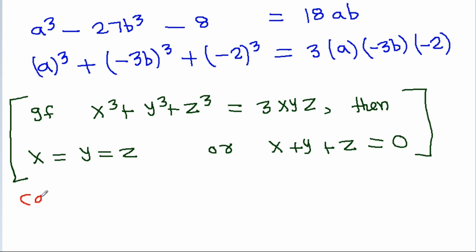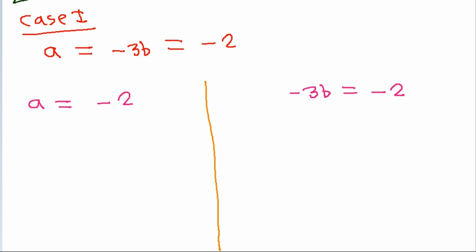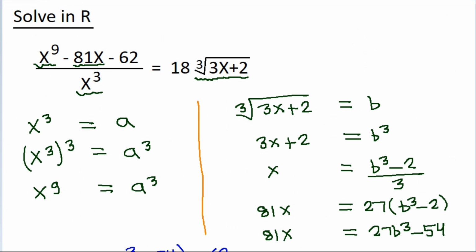So case 1 is x is equal to y is equal to z, where x is a, y is minus 3b, and z is minus 2. We get a is equal to minus 2 and minus 3b is equal to minus 2. We have a is equal to x^3 and b is equal to the cube root of (3x plus 2).